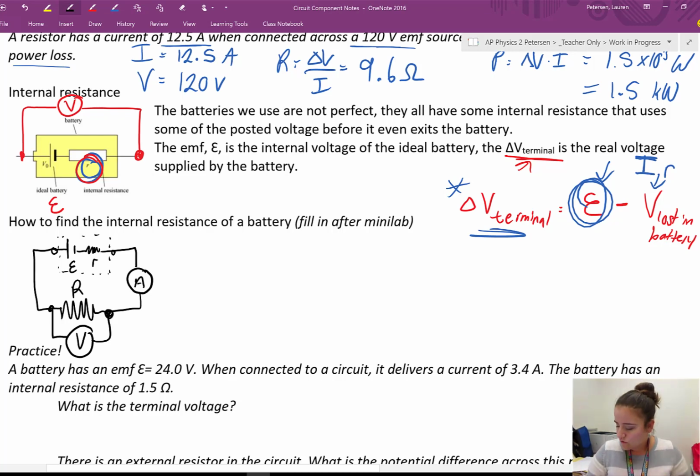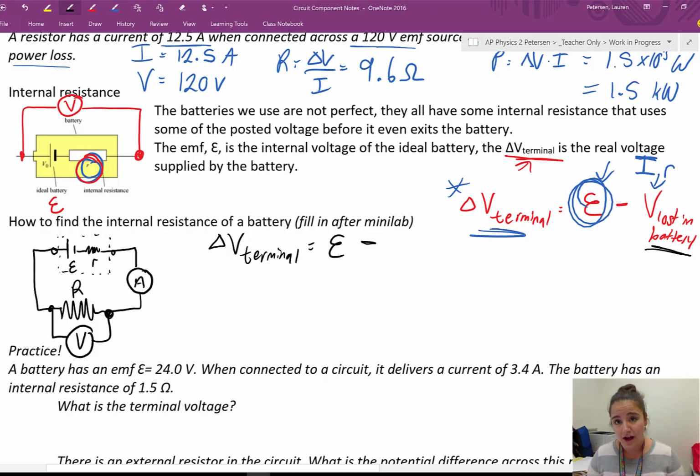So when we calculate all of that data, we can get our terminal voltage, our EMF minus the current times the resistance, the voltage lost in the battery.